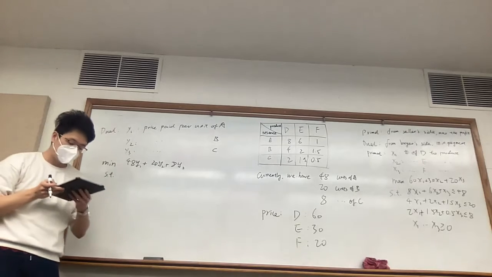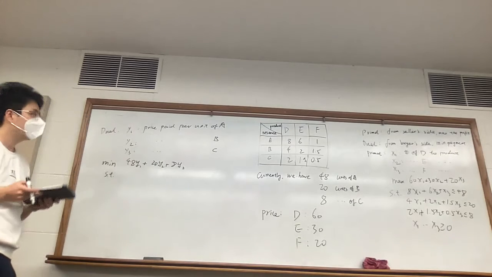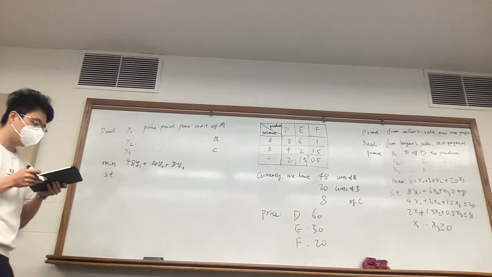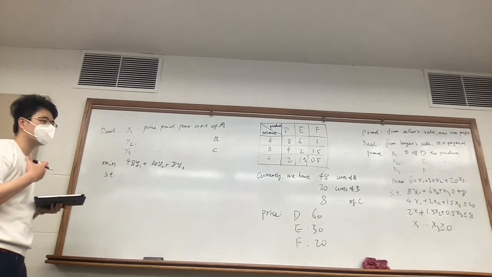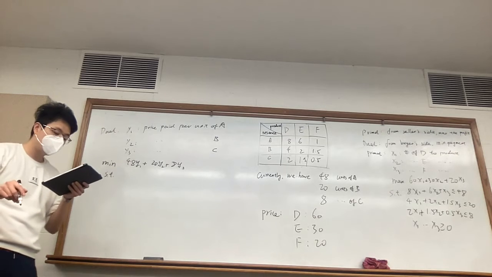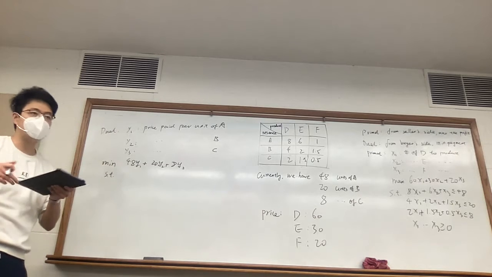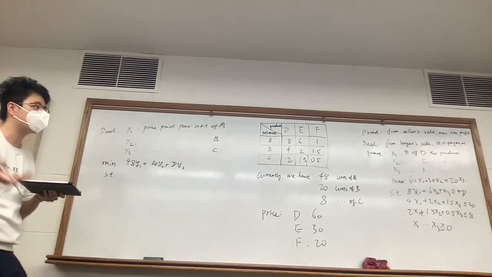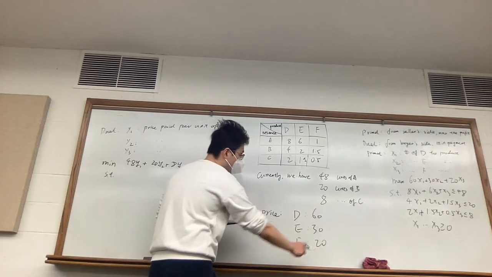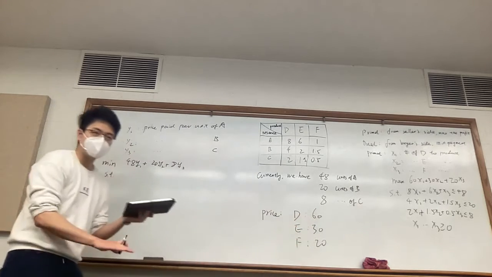what are the constraints? I would like to interpret the constraints in this way. I am the buyer and you are the seller. So you will not sell unless I pay at least as much as you want, right? Think about this. You want to sell for 60, 30, and 20. These are your baselines.